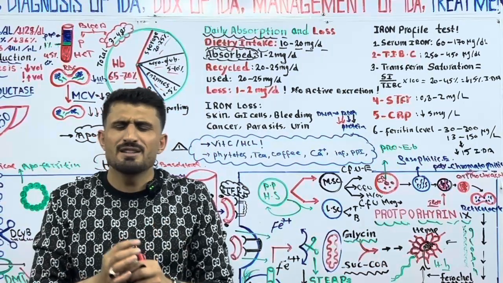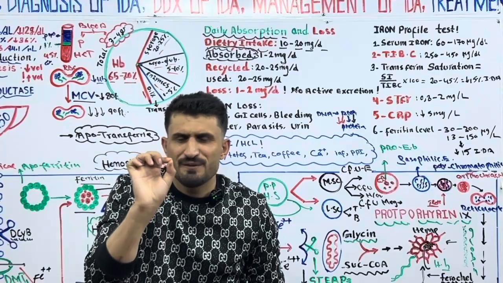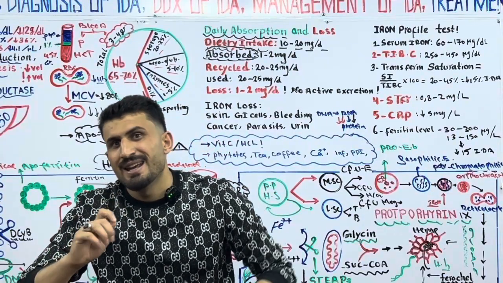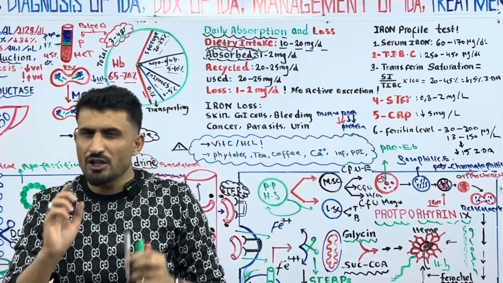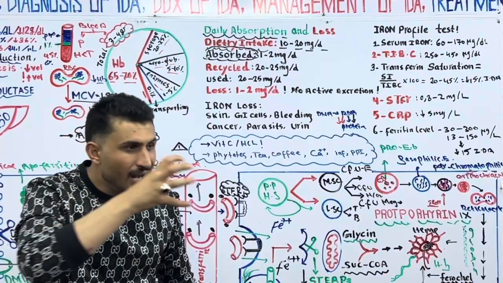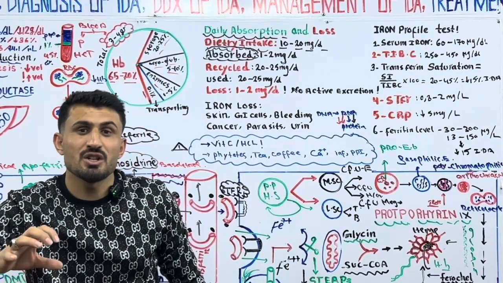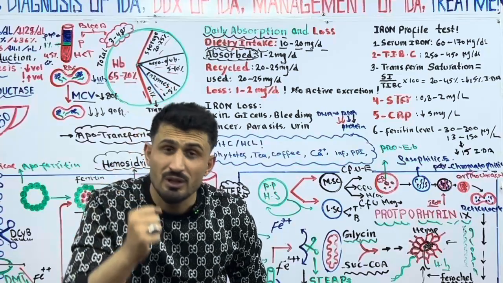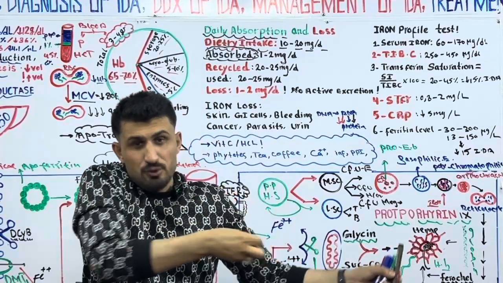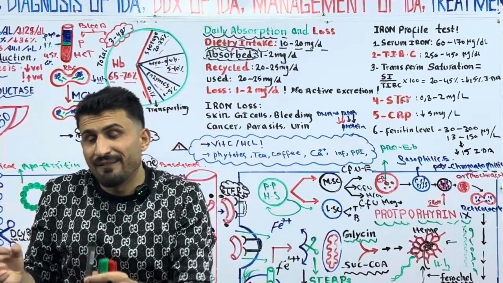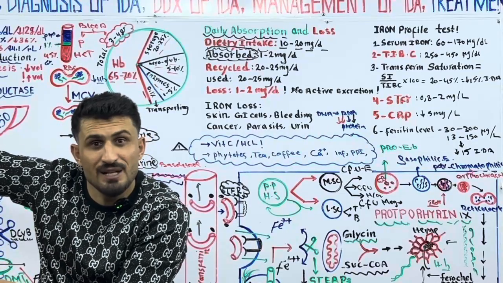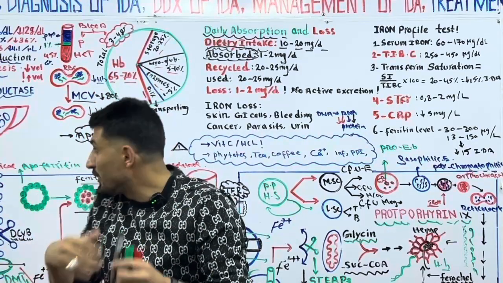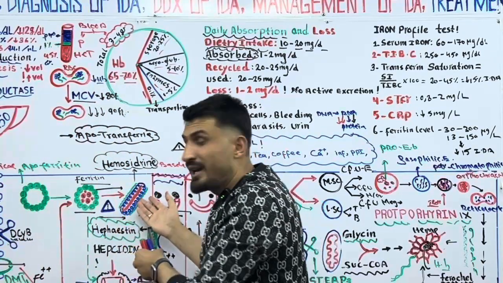It means we don't have an active system to excrete extra iron from the body. That's why iron absorption and excretion is completely regulated. Absolutely regulated, because when we absorb more iron, we don't have a process to excrete it actively, so more iron is converted to hemosiderin.